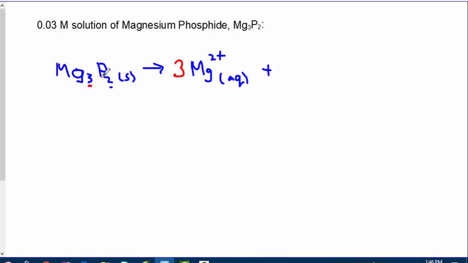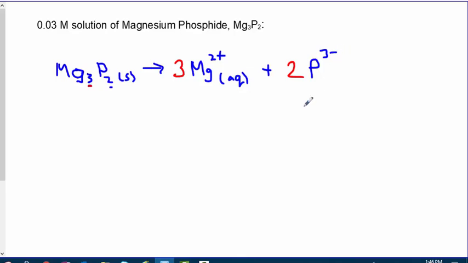Okay, what's the other half of this? I've got 3 magnesiums, and I've got 2, we'll put that coefficient 2 in front, 2 phosphide ions. So the symbol for phosphide is P, and again I need to have that charge to make sure that I show it's an ion. And so I'm going to look up phosphide. I'm going to look at phosphorus on my periodic table, and I'm going to see that it has a charge of 3+ when it's in ion form.